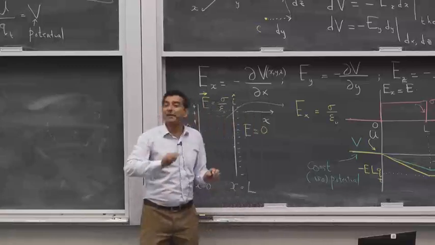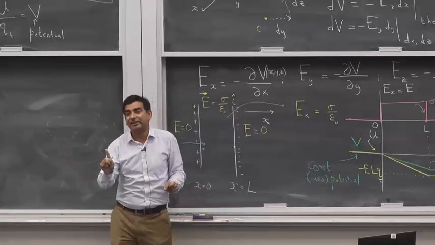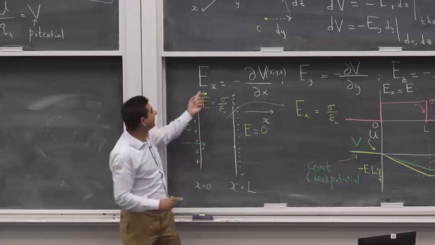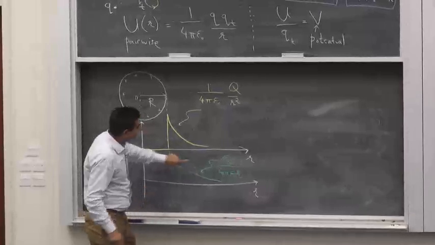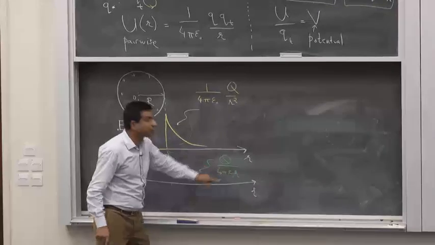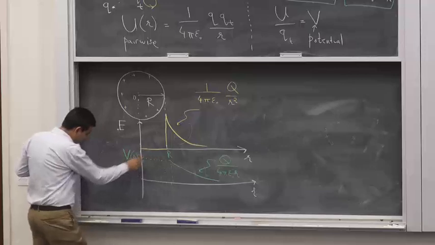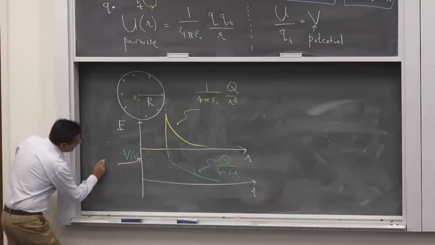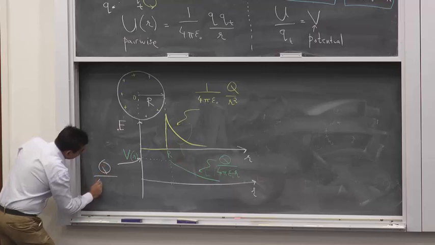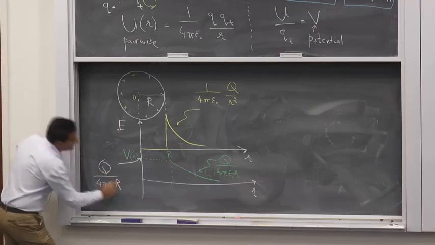So the slope cannot change suddenly for the potential, otherwise the electric field will go to infinity. So at this point, the potential is capital Q over 4 pi epsilon naught capital R.